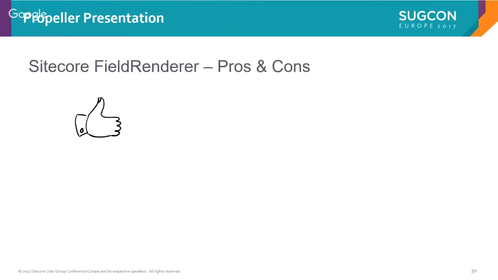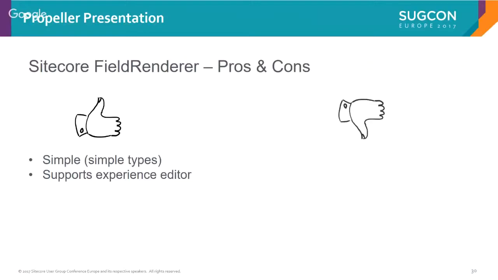Now, the pros and cons of doing it this way is that the Sitecore helper function is very simple to use, at least for simple types. It supports the experience editor, so that's good news. The downside to it is that it kind of limits our control, because there's only this way of rendering it.